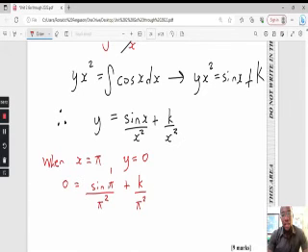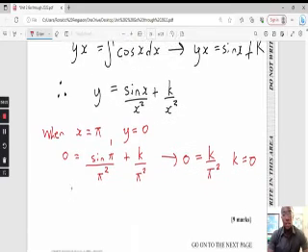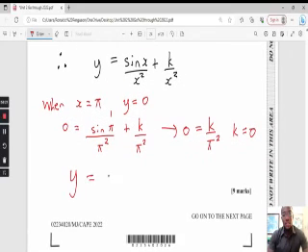Now sine pi is 0, so 0 is equal to k over pi squared, and k is just 0. So this works out boring, and therefore y is just sine x over x squared. That's the curve.